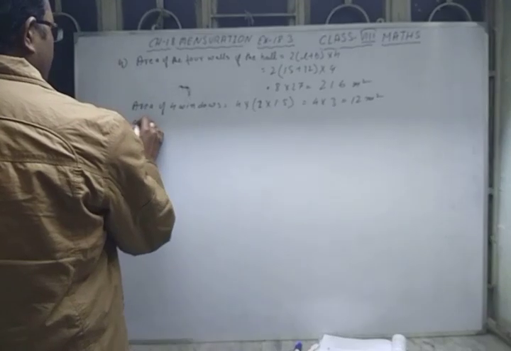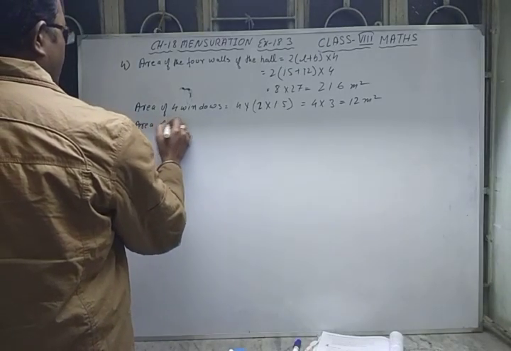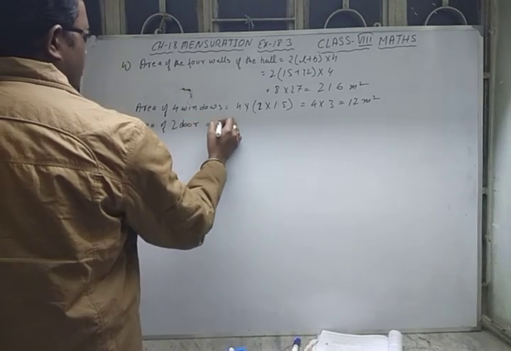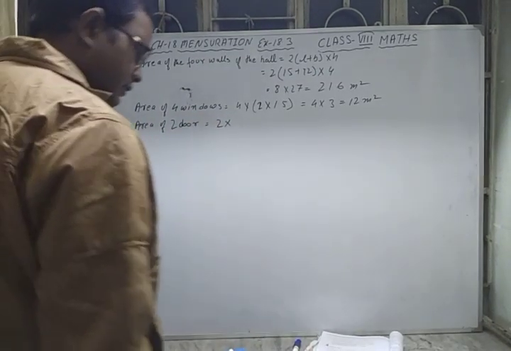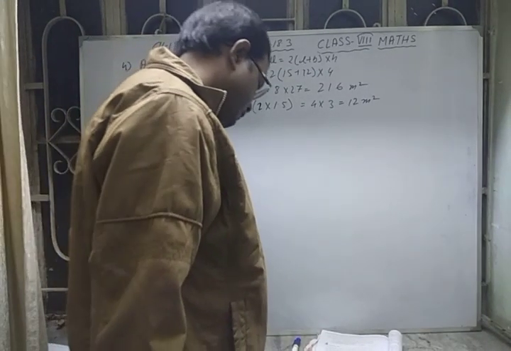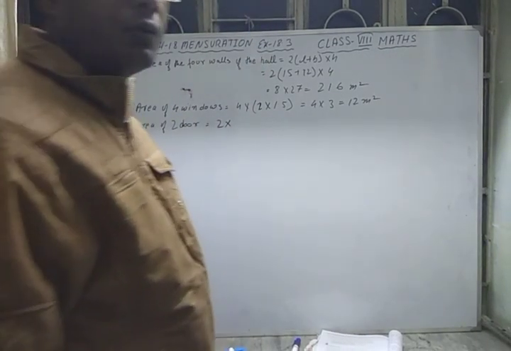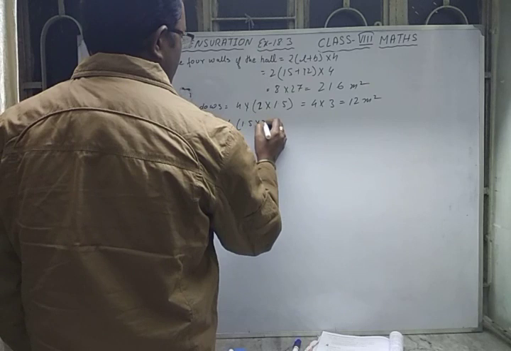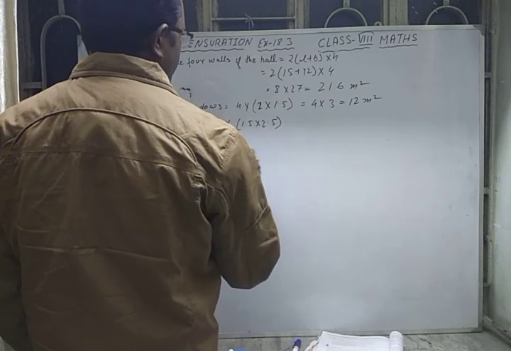Similarly, you have to find the area of 2 doors. So 2 into the area of 1 door, whose dimension is given as 1.5 into 2.5. So 1.5 into 2.5.